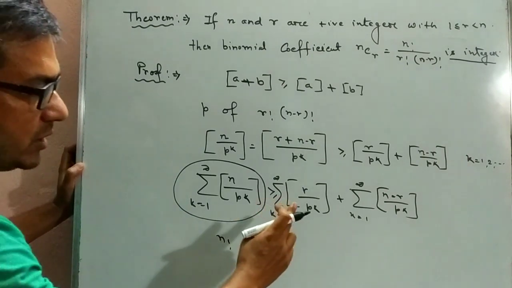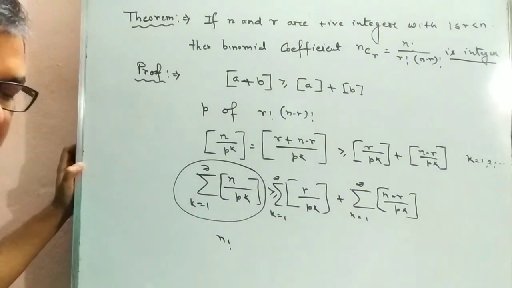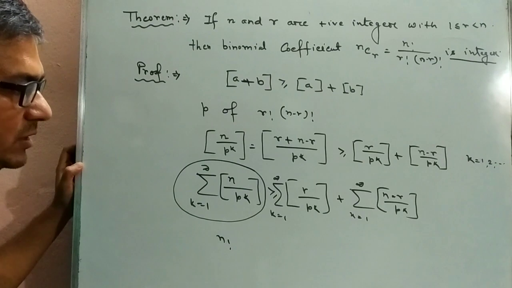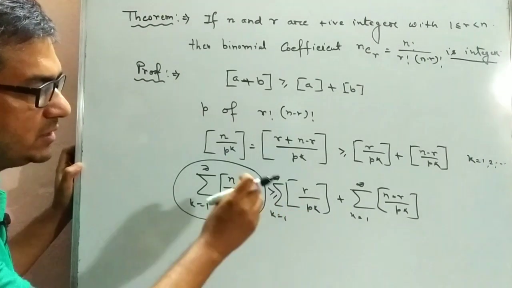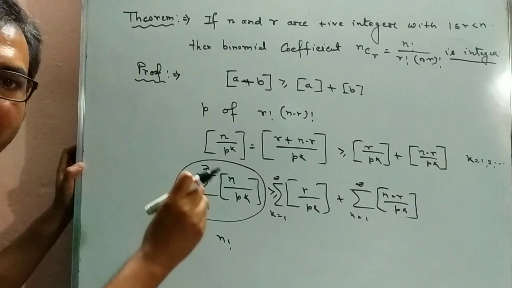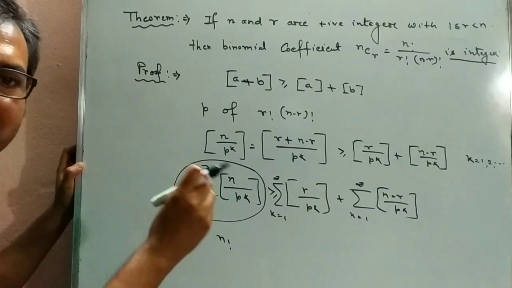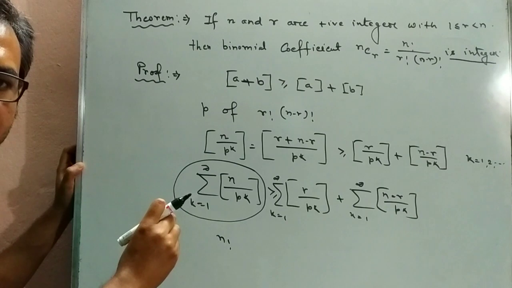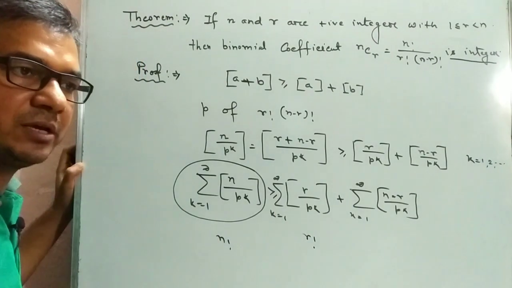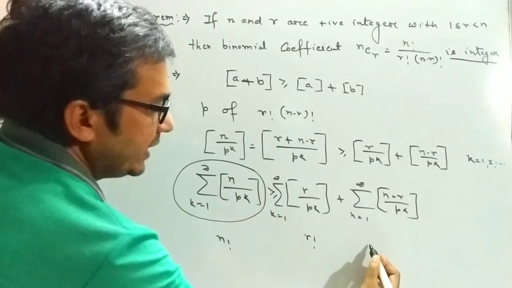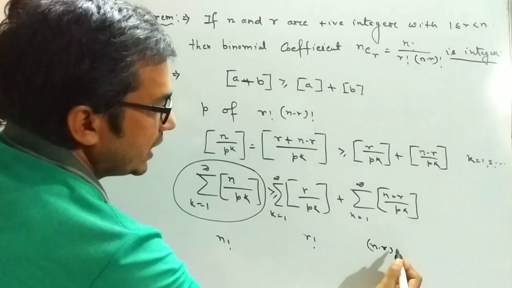and in the right hand side, this is the exponent of the highest power of prime p dividing r factorial, and this is dividing n minus r factorial.